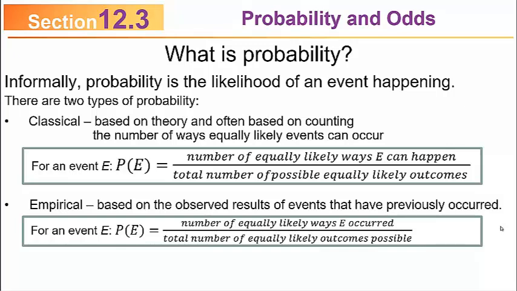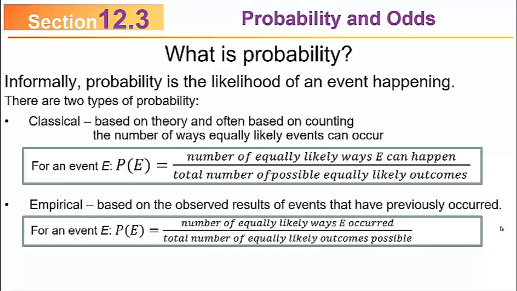And if you're using empirical probability, you have to define the probability slightly differently, but notice it's not very much different. The idea is the same. In an empirical sense, the probability of an event E is the number of equally likely ways E occurred. In other words, we looked at what happened in the past, divided by the total number of equally likely outcomes possible.